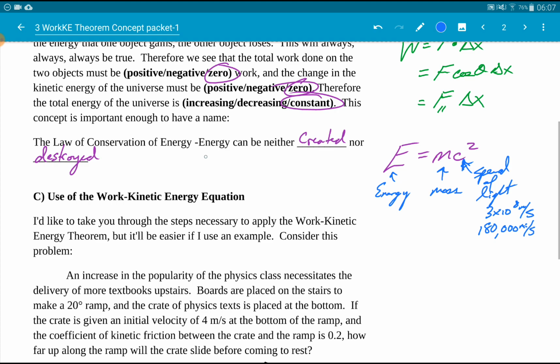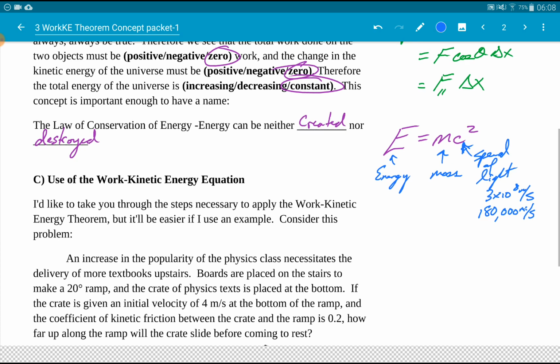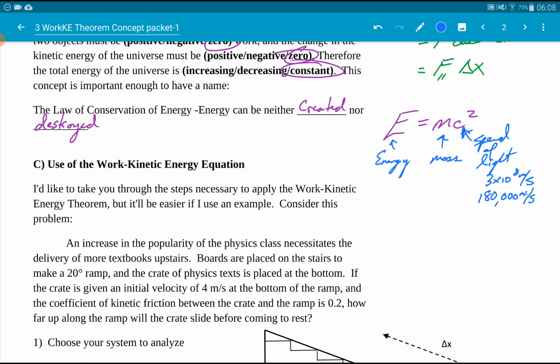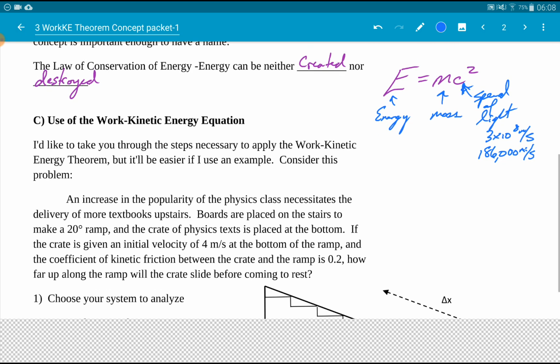You go, well, hey, if I can't create or destroy E, then, hold on, let's think about it the other way. If I accidentally created mass, I would also be creating energy. Oh, and so if I can't create or destroy energy, then I must not be able to create or destroy mass as well, and vice versa is also true. I'm pretty sure that this is 186,000 miles per second. I'll go look that up afterwards and put it in the comments.